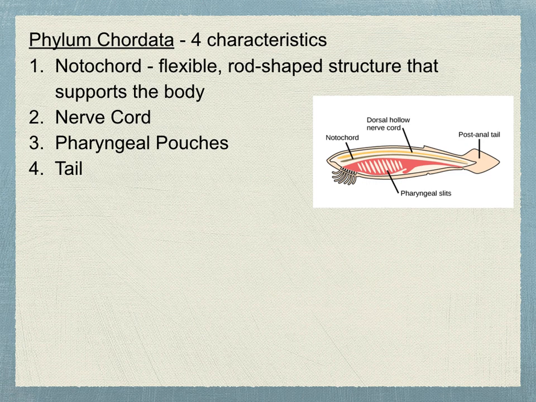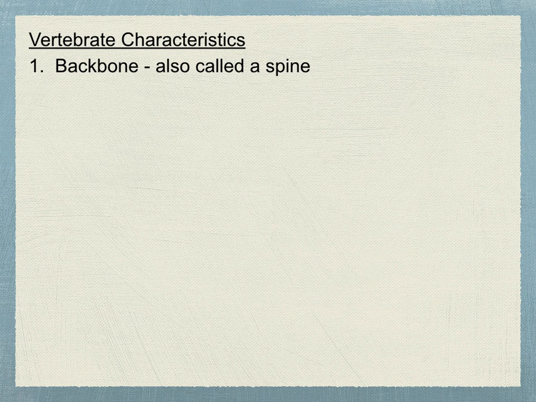Okay, so like I said, the vertebrates fall into phylum Chordata also. And so there are some characteristics of vertebrates. And the first of those is a backbone. All vertebrates have a backbone, also called a spine. We kind of use those interchangeably in here, and I'm sure you have in your lifetime to refer to your spine as your backbone.